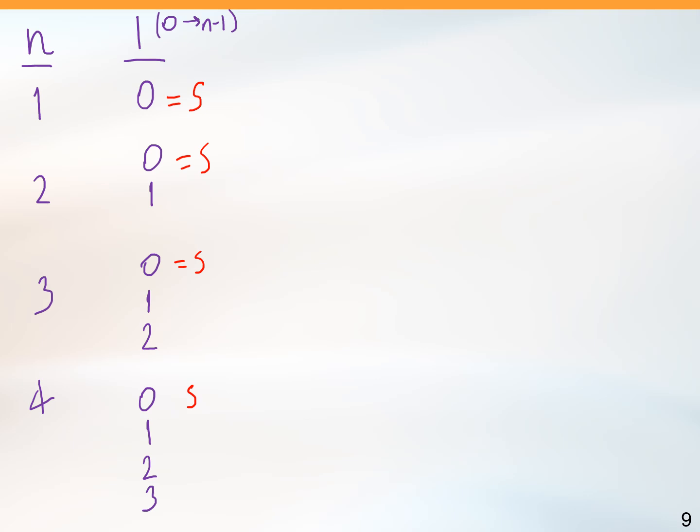This is the type of subshell. Remember, L tells you the shape. So s, or L equals 0, corresponds to a specific shape. We gave number 1 the designation p, number 2 was d, and number 3 was f.